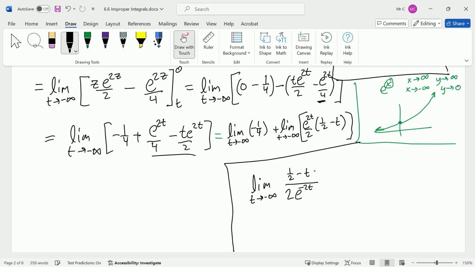Now, since I already have a negative in this expression, my e to the negative 2t, when t goes to negative infinity, my exponent is becoming large and positive, so this thing goes to infinity, and this 1/2 minus t also goes to infinity. So this has infinity over infinity indeterminate form, which means we can apply L'Hopital's rule.